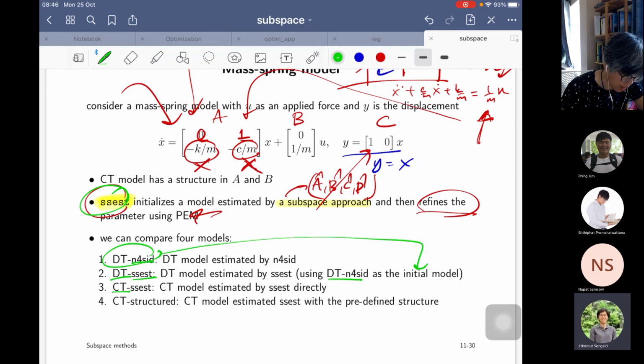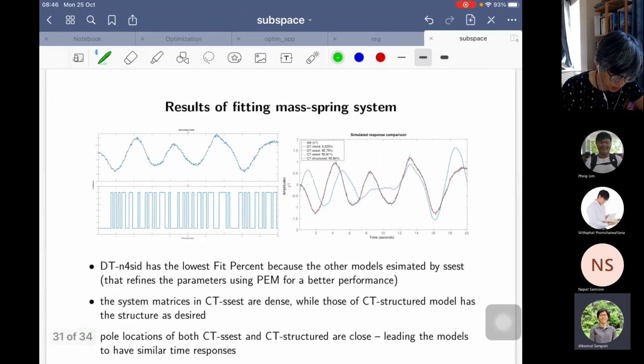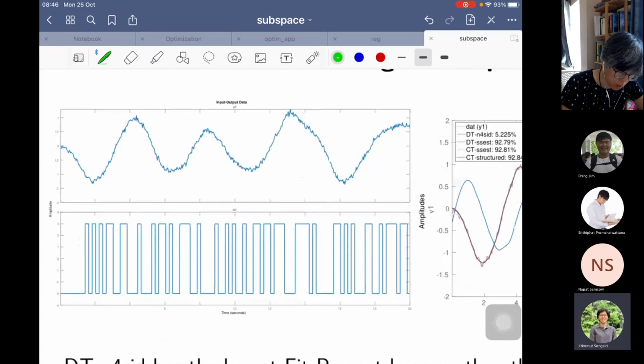The last one, which I would like to mention, is continuous time structured. We estimate continuous time using state space estimation with the predefined structure, specifying that I want A, B, and C to have the structure I derived from the dynamical equation. So let's see the results.